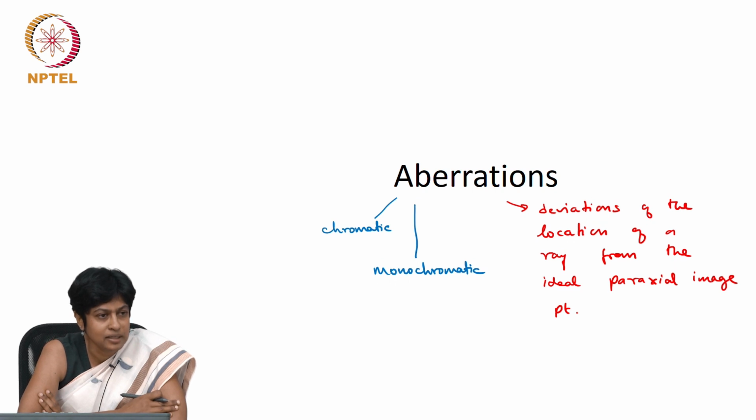Why do you have chromatic aberrations? Think of your imaging equation. Refractive index depends on wavelength, and every imaging equation that we have looked at, every matrix that we have looked at, obviously has refractive index in it.